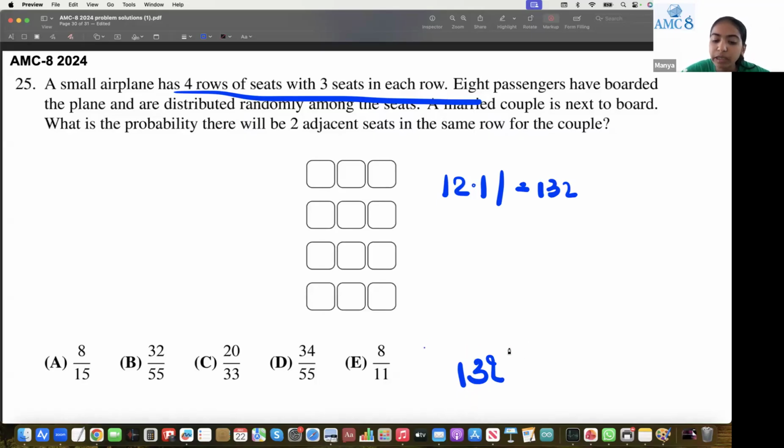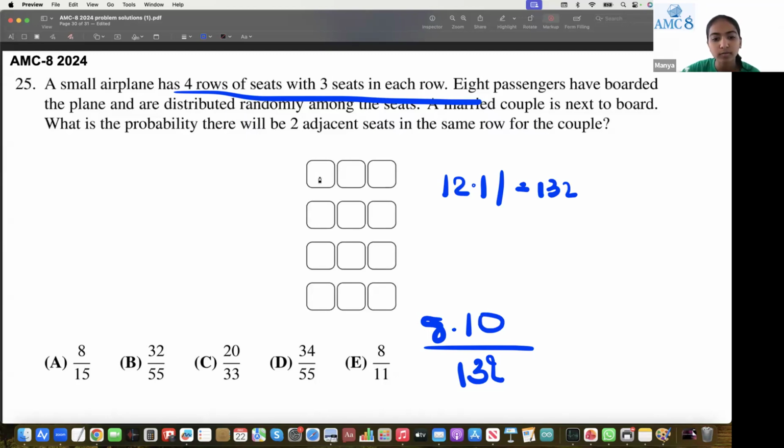And the numerator, since we know that there's going to be 8 passengers here, and the 8 passengers have already seated, but then we have to multiply by 10. We would have to multiply by 10 since the couple can swap spots with each other, and also the people could swap spots with the people right next to each other.